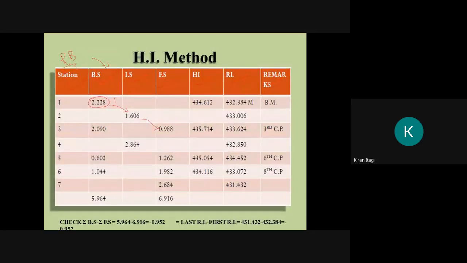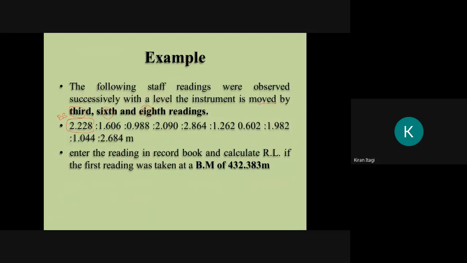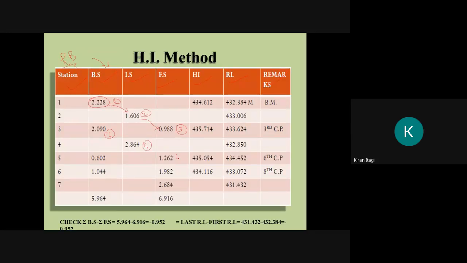That is, first reading, second reading, third, fourth, fifth, sixth, seventh, 8, 9, 10. Okay, so the readings are like this.